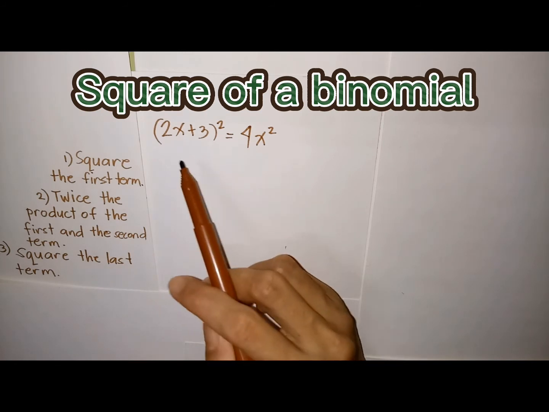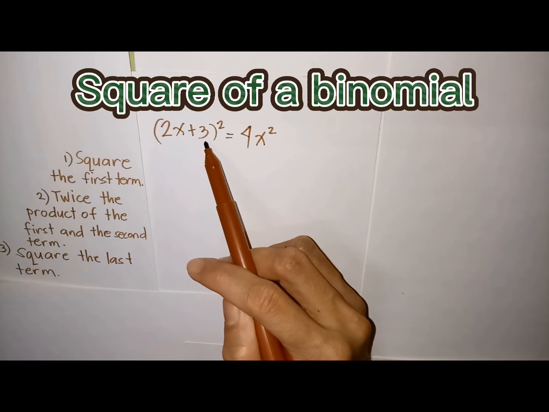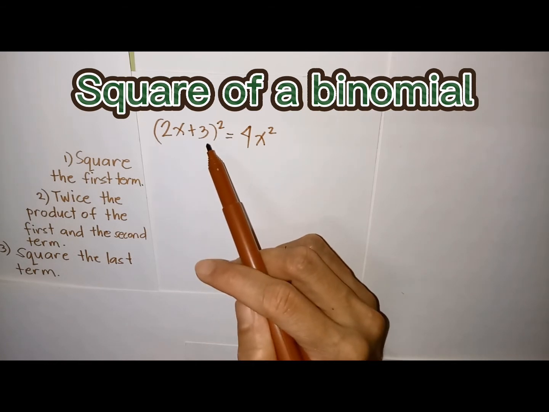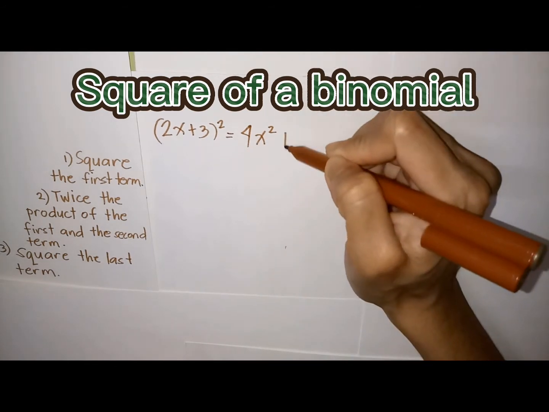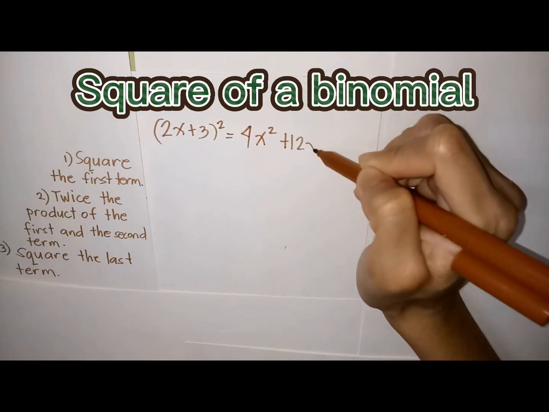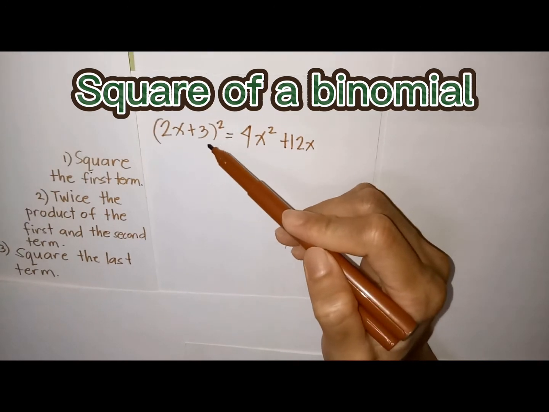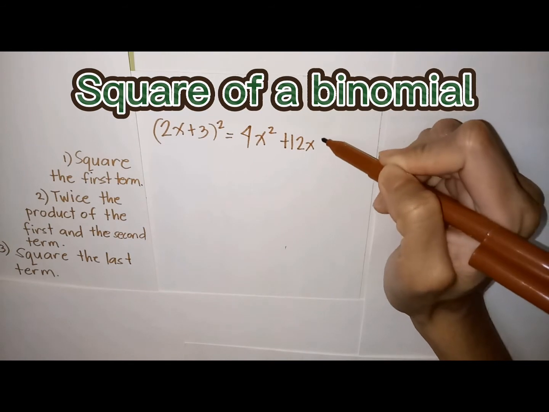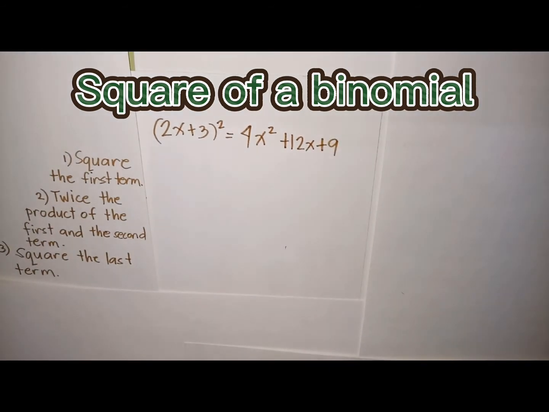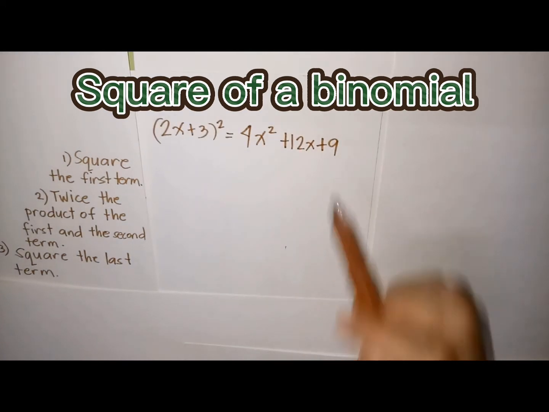So we will multiply 2x times 3, that is 6x, then twice the product, so that is 6x times 2 will give us 12x, so positive 12x. Then third, square the last term. So what is the square of the last term? 3 squared will give us positive 9. Therefore, we have 4x squared plus 12x plus 9.